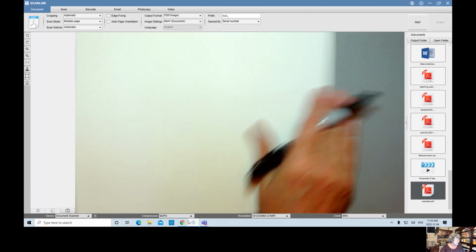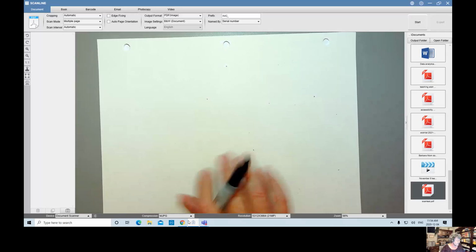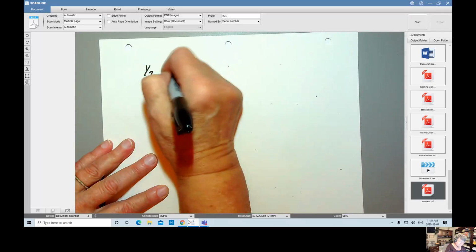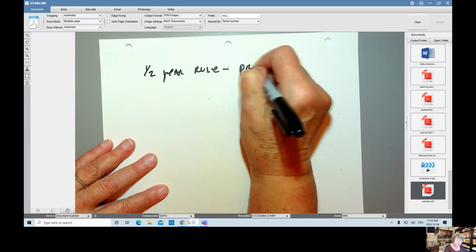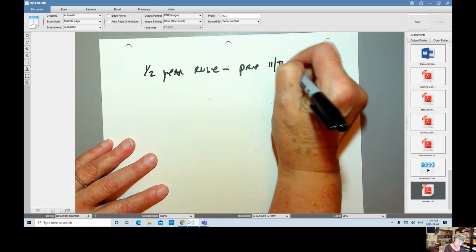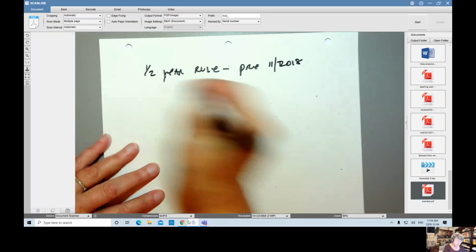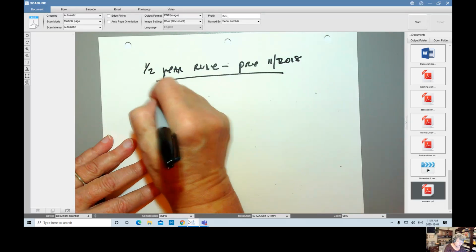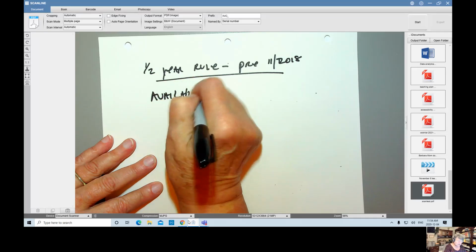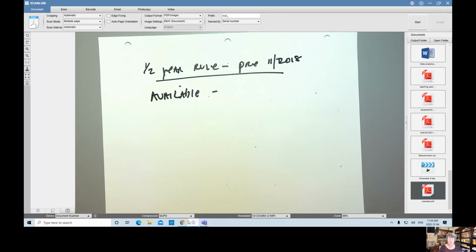Now, some odds and ends. You'll notice I've got this slide: the half year rule is something for pre-November 2018. You may see it if you've got assets or a situation that involves that. Available for use: there are occasionally issues about when it actually is available, because that's when you start taking CCA.